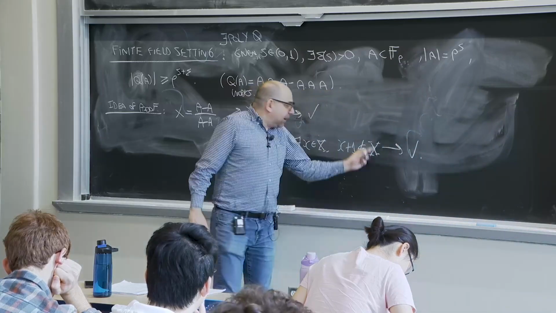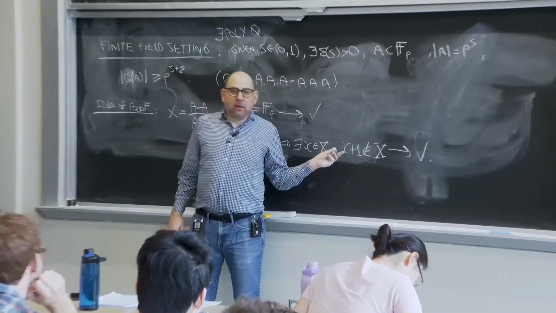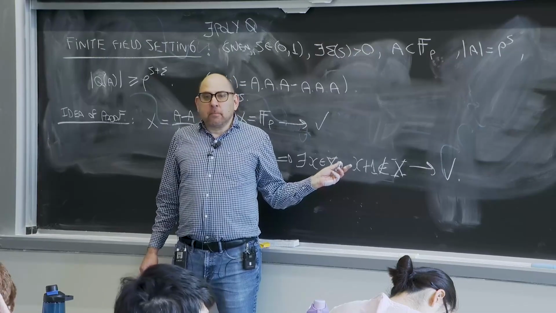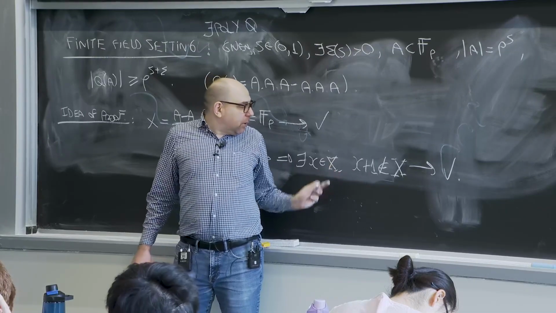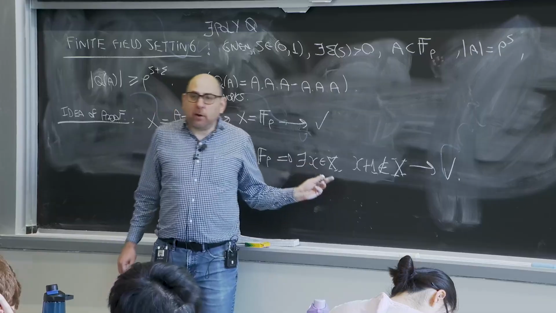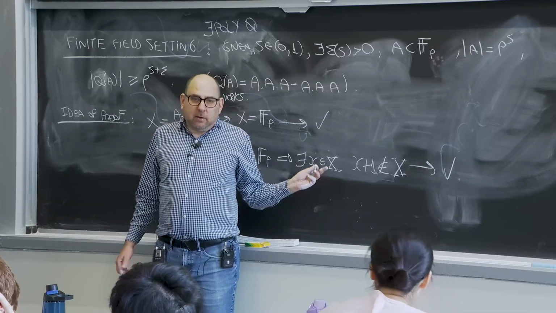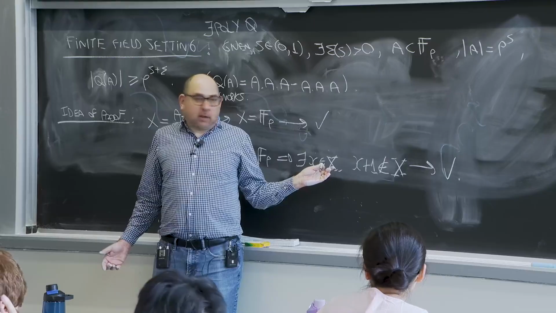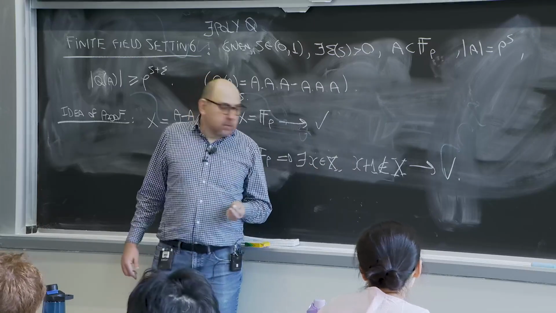And this extremely innocent step is what distinguishes Fp from Fp squared. If we were working in Fp squared, we would not be able to do this because Fp squared has a subgroup, which is Fp. So you cannot escape Fp by adding 1.